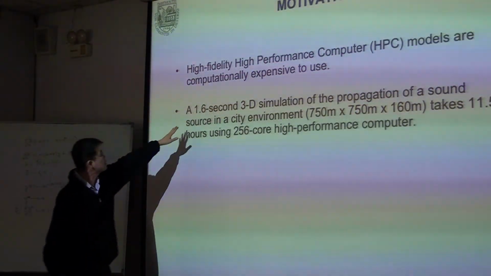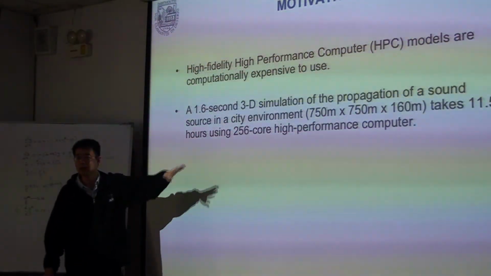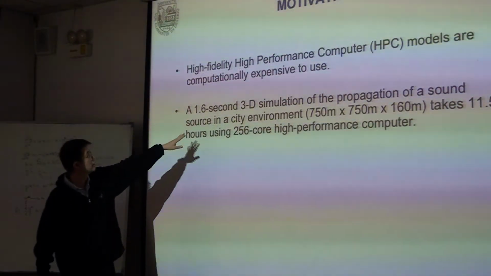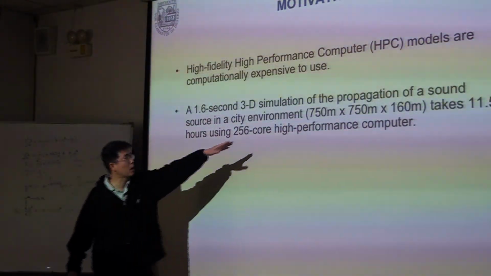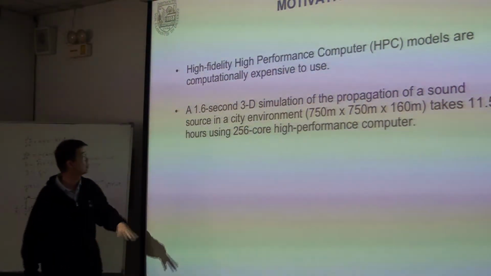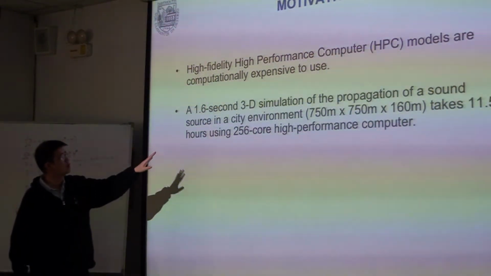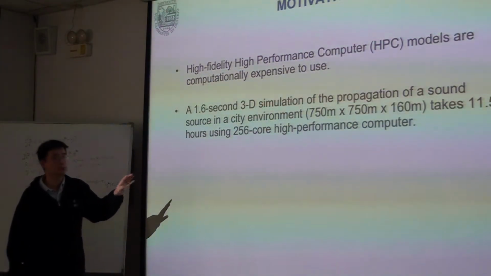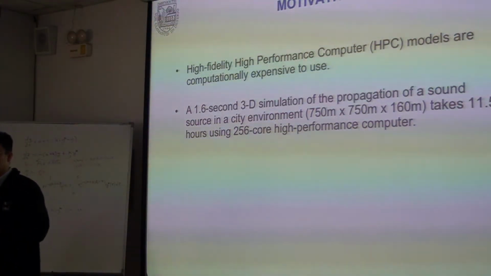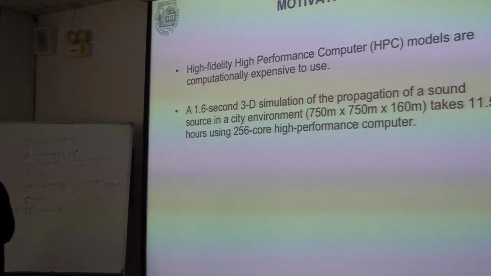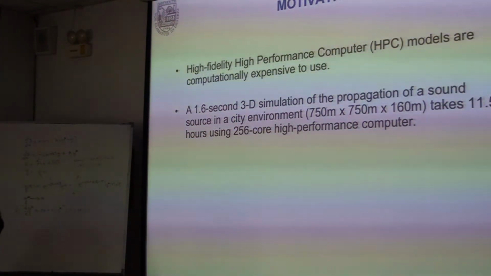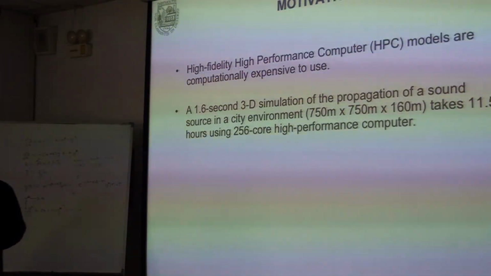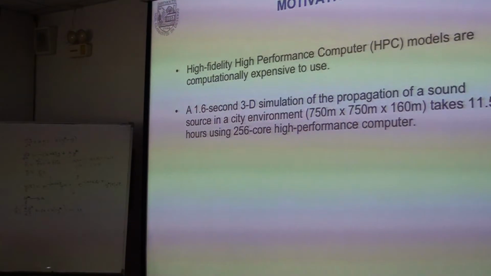A 1.6 second 3D simulation that I just showed you in the city environment, about 3/4 of a kilometer, takes 11.5 hours on a supercomputer with 256 CPU. Okay, so very expensive calculation. 12 hours on a Cray supercomputer.